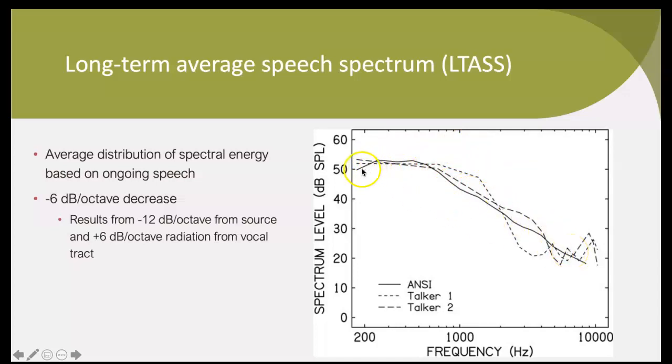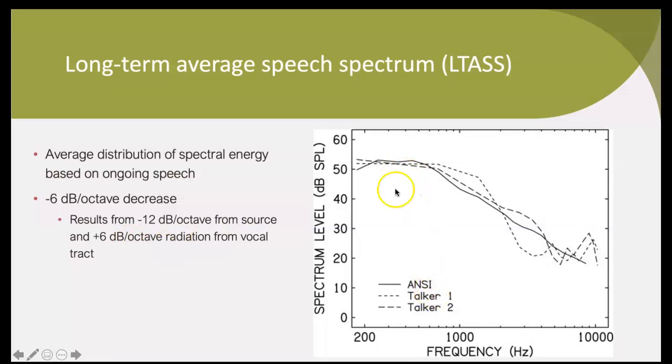And as you can see, in speech, there's more spectral energy over here in the low frequency, less in the high frequency regions. It slopes at about 6 dB per octave, and that results from a minus 12 dB per octave decay from the source, but then the vocal tract radiates it by a plus 6, so that's how you come up with the minus 6 dB decrease per octave.